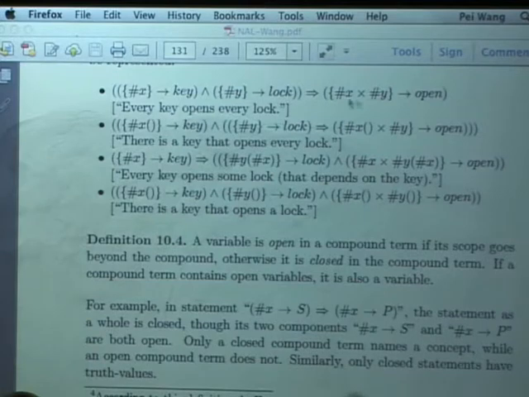Let's see one by one what they mean. So here we are talking about there is an open relation. Here, open means in this context a key opens a lock. Okay. And then, if you want to say every key opens every lock, in NARS, you see, if X is a key, a concrete key, and Y is a lock, then X and Y have the open relation.